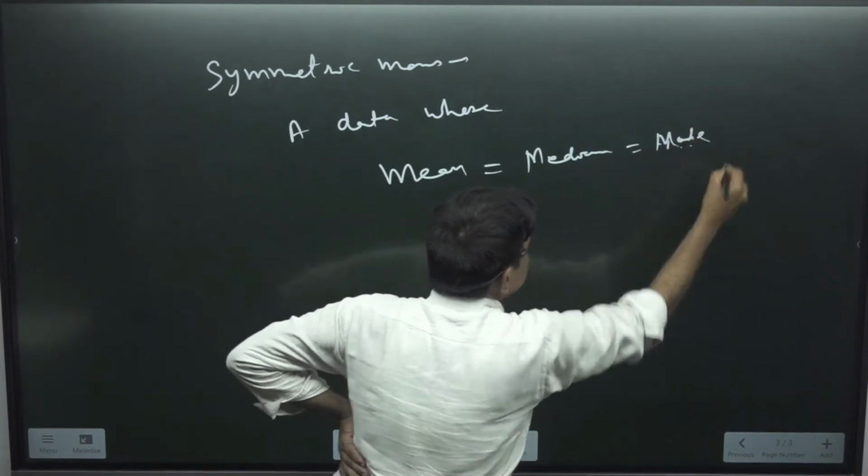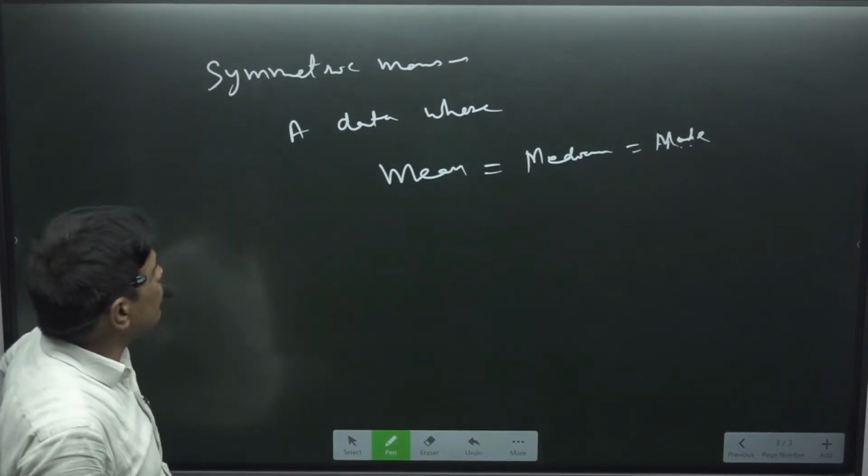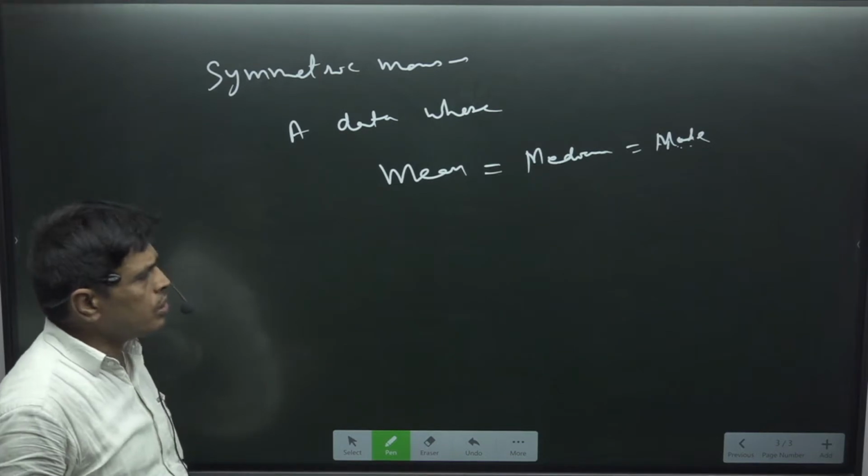That means when mean, median, mode are equal, then the given data is said to be symmetric.